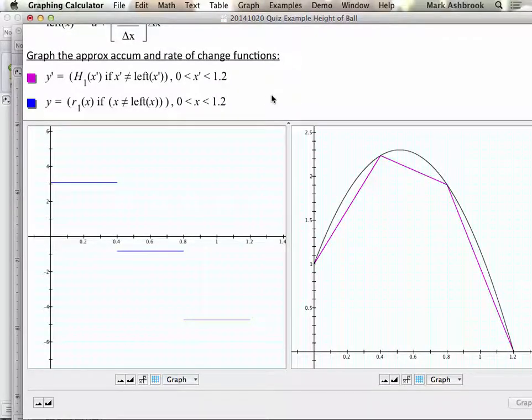Okay, so there it is. H1 of x is our approximate accumulation function. This is the linear function that's purple, pink. And then the blue one is the corresponding approximate rate function.